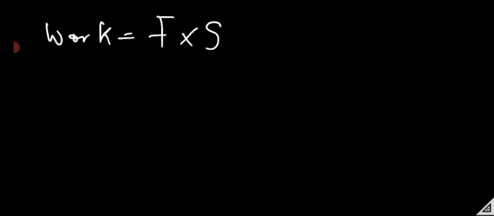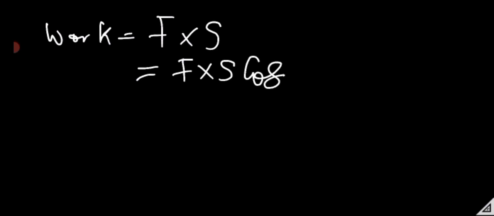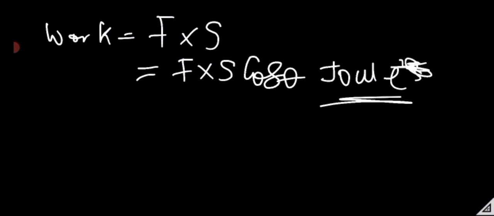If the force is inclined, we can now say work is force times distance times the cosine of the inclined angle. So work is force times distance cos theta. Now the unit for work is joules. Joules, very important.